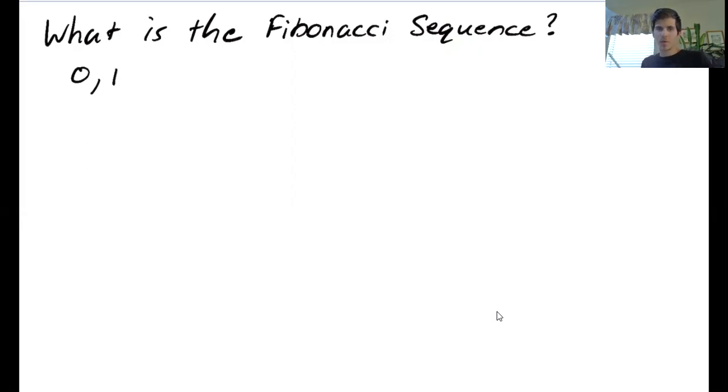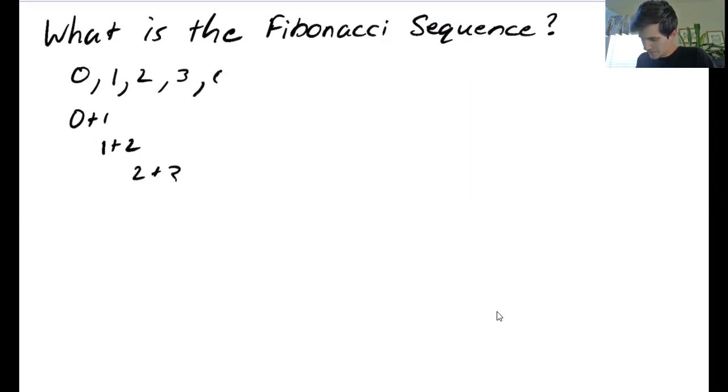So we start with 0 and 1. Each number that follows is the sum of the two previous numbers. So we have 0 plus 1, which is 1, then 1 plus 1 is 2, 1 plus 2 is 3, 2 plus 3 is 5, and so on.